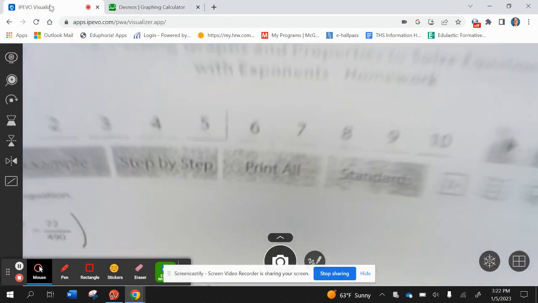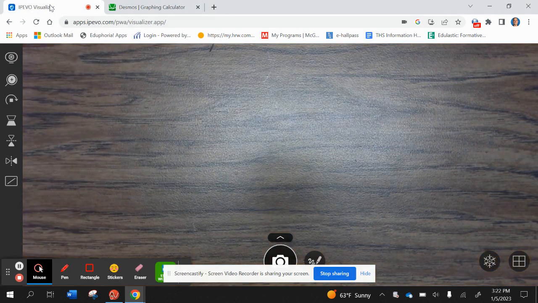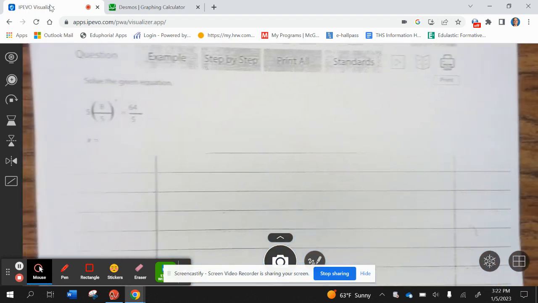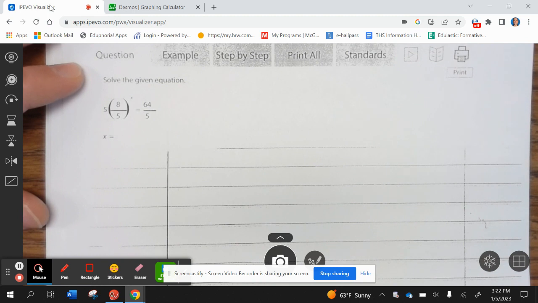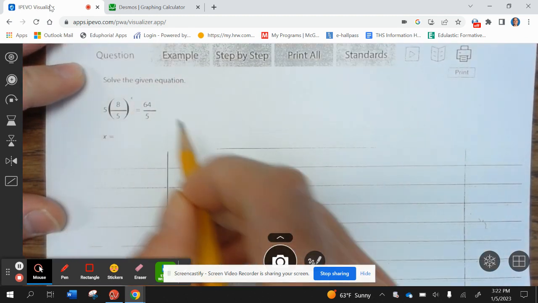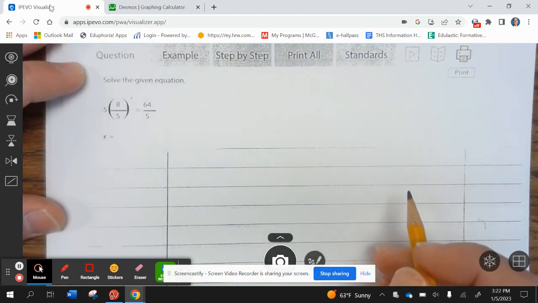All right, let's take a look at the next example. So here it looks like we need to divide both sides by 5.